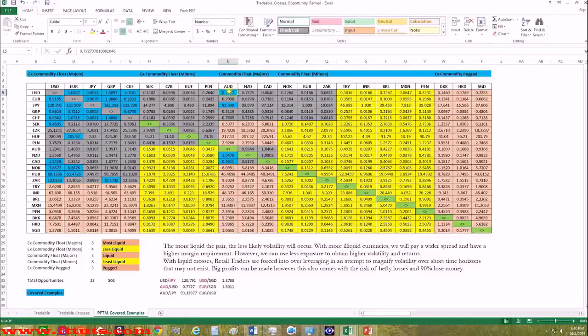We multiplied them together to get the Aussie dollar yen rate because the currency that remained became the numerator and the denominator, and that's a multiplication situation. That gave us the Aussie dollar yen rate. If we check the Aussie dollar yen rate, we look at the Aussie dollar at the top here and scroll down to Aussie dollar yen, and we'll see that we're actually correct.